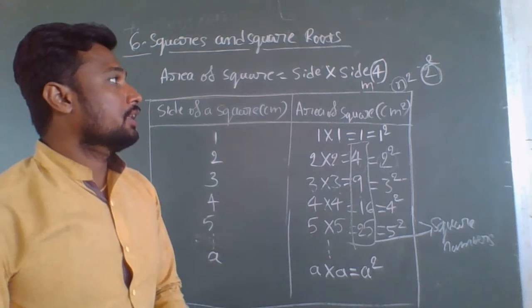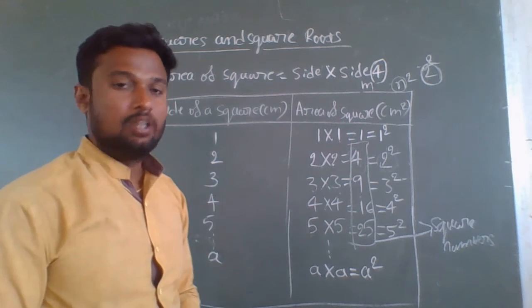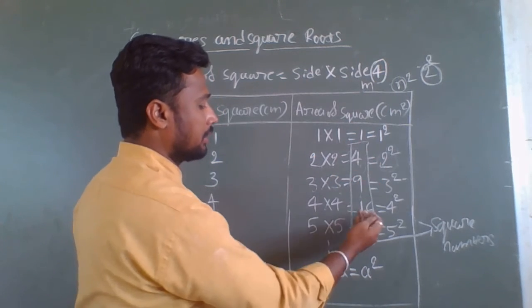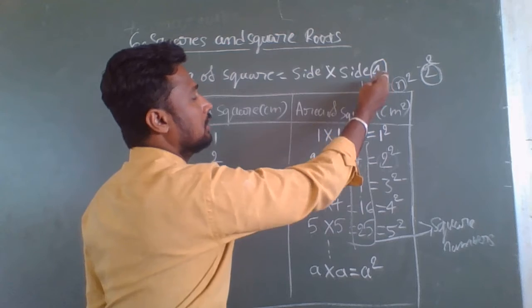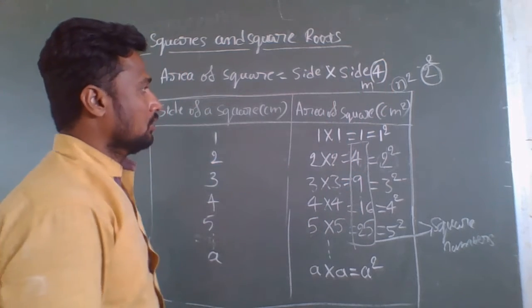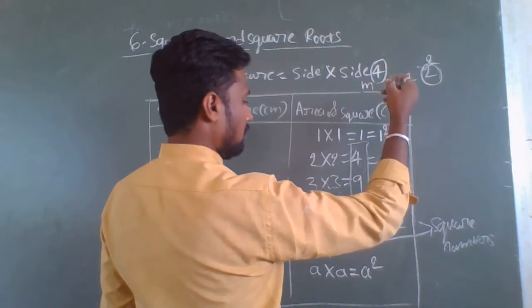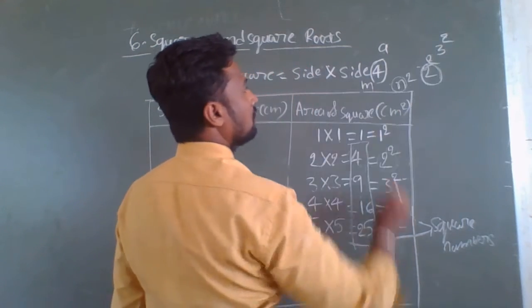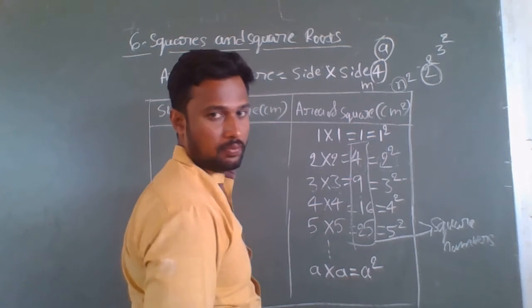But here they have given the definition in general. What they did here, in the place of 4 or 9 or 16 or 25, they considered m directly. So if it is 9, we can write it in the form of 3 square. Therefore, this 9 is a square number.